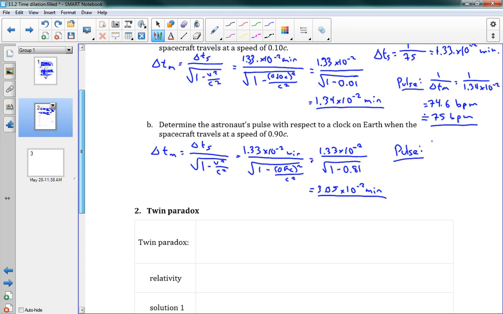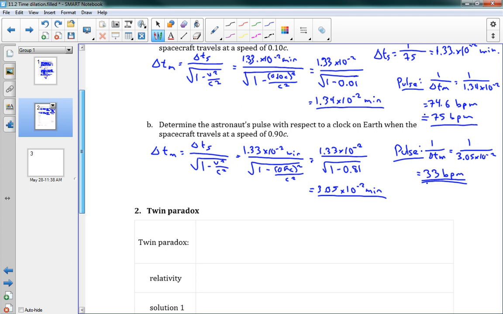It's going to be 1 over delta Tm, 1 over 3.05 times 10 to the negative 2. This is equal to 33 beats per minute. So you can see now at 0.9 of the speed of light, this astronaut's pulse has changed quite a bit.